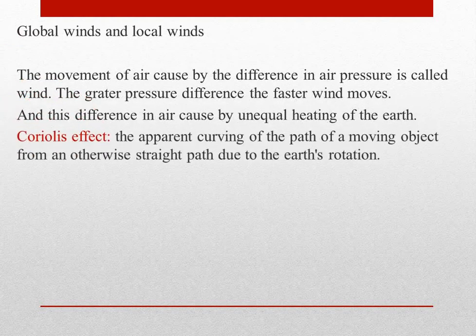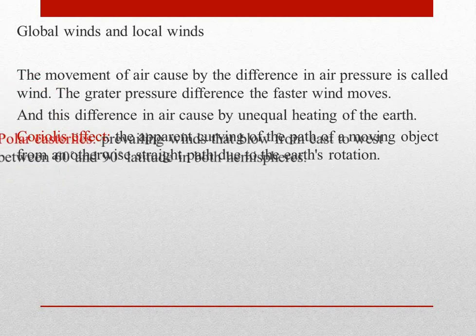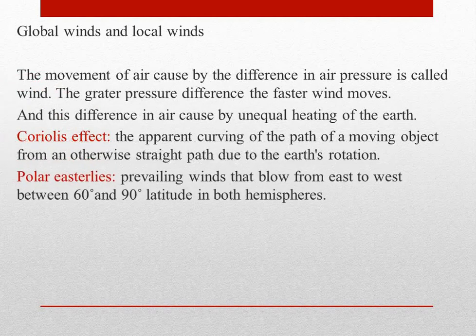Let's see what the Coriolis effect is. We have some definitions here. First, Coriolis effect: the apparent curving of the path of a moving object from an otherwise straight path due to the Earth's rotation. The second one, polar easterlies: prevailing winds that blow from the east to the west between 60° and 90° latitude in both hemispheres.